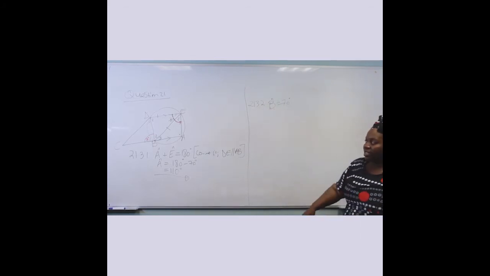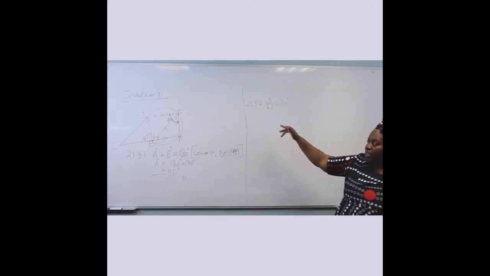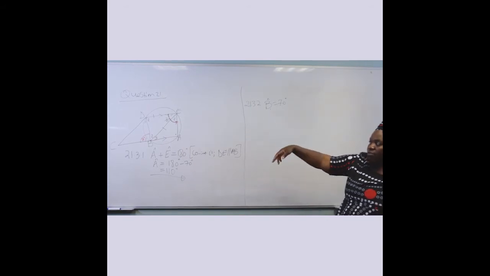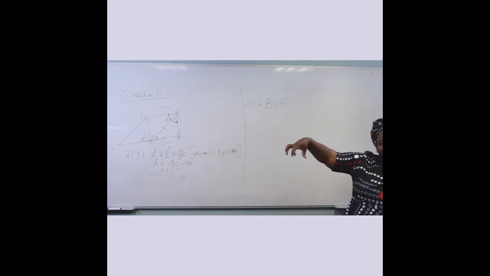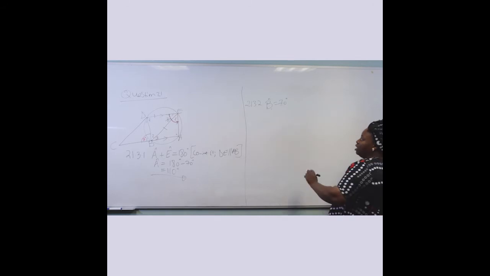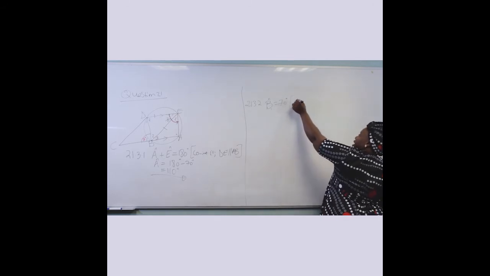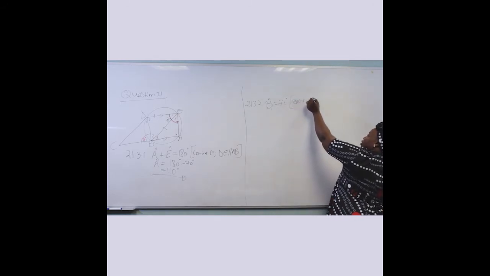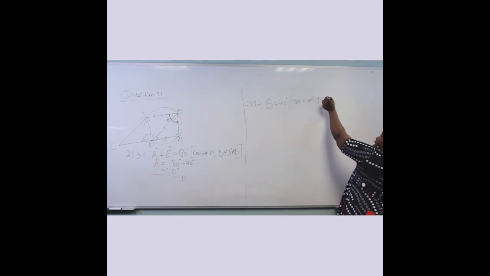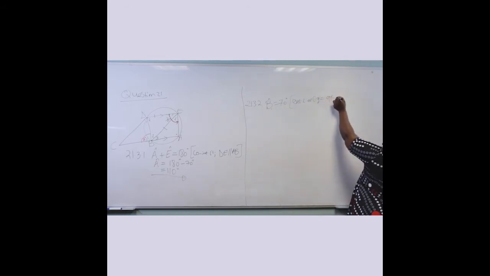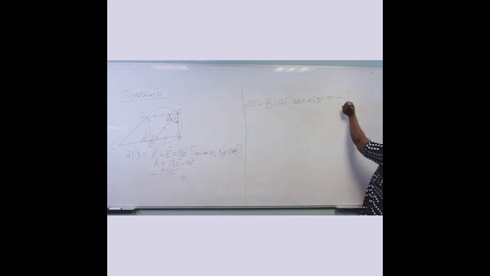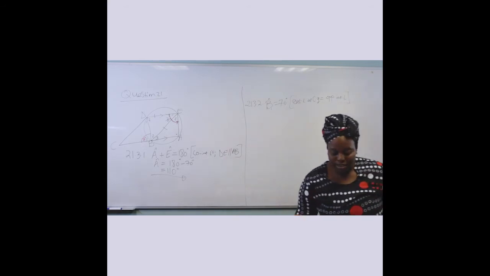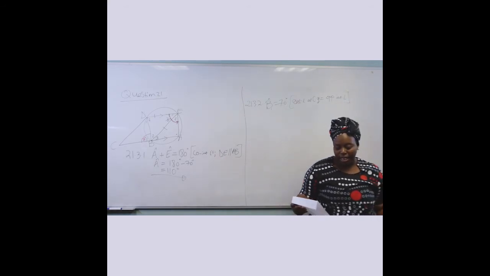The reason is that we have a cyclic quadrilateral DEAB. There's an exterior angle equal to the opposite interior angle. So this is equal to that because the exterior angle of a cyclic quad equals the opposite interior angle. Then you have your 2 marks. Can you see that it's simple, quick, and straightforward?